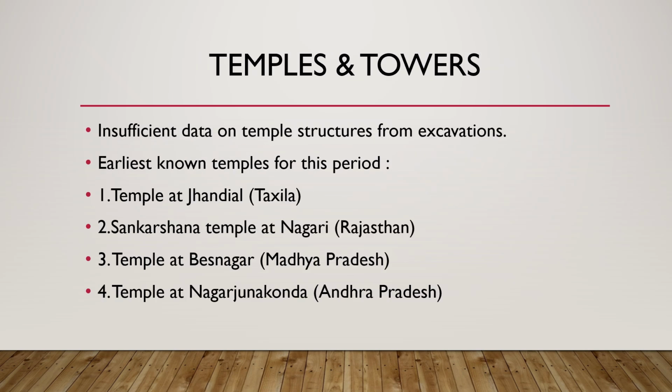For this period, we have very insufficient data on temple structures from excavations, but the earliest known temples for this period are the temple at Jhandial Takshila, the Sankarshan temple at Nagari, Rajasthan, the temple at Besnagar, Madhya Pradesh, and a temple at Nagarjunakonda, Andhra Pradesh.